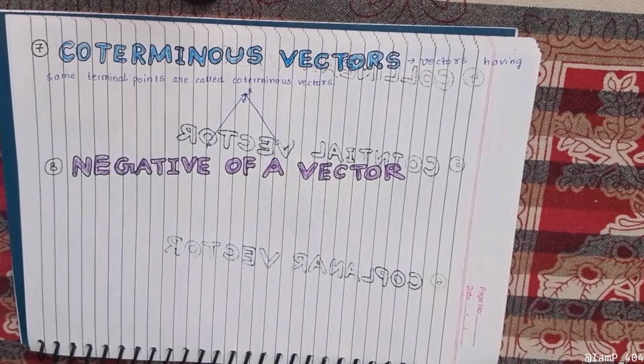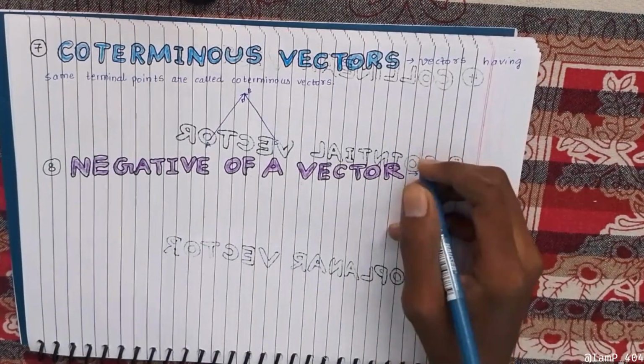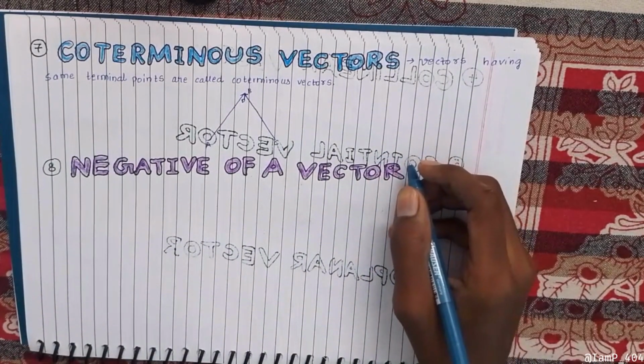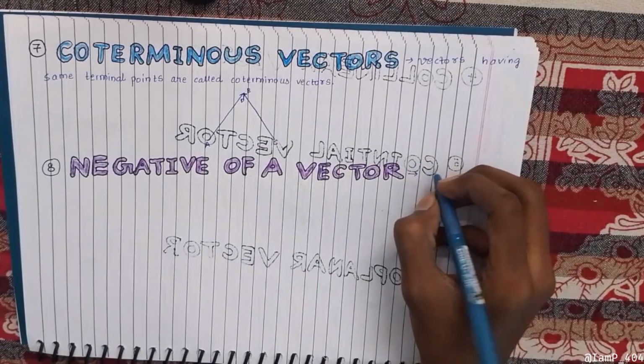Let's see. It is the vector which has the same magnitude as the given vector but in the opposite direction, 180 degrees opposite.